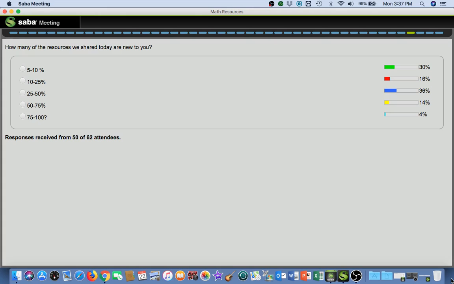So the largest number was people who identified they'd probably seen half of these in the past, followed by people who said only a small number were new to them.